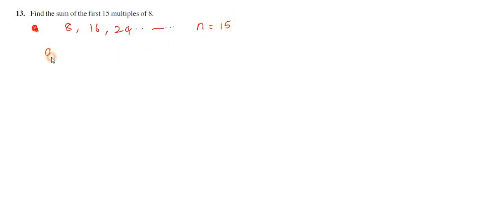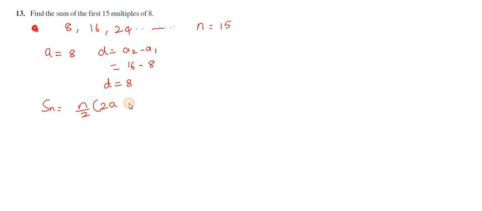Here a is equal to 8, and d is equal to a2 minus a1, which is 16 minus 8, so d is equal to 8. Then n is equal to 15. Sn is equal to n by 2 into 2a plus n minus 1 into d.